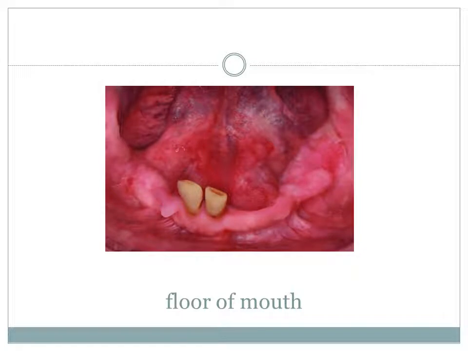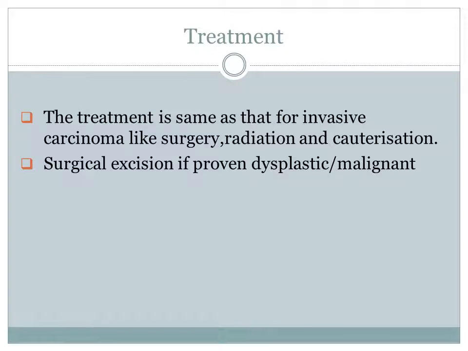It occurs more in the floor of the mouth, as we see in this picture. Treatment is the same as that for invasive carcinoma, like surgery, radiation, and cauterization. Surgical excision if proven dysplastic or malignant.